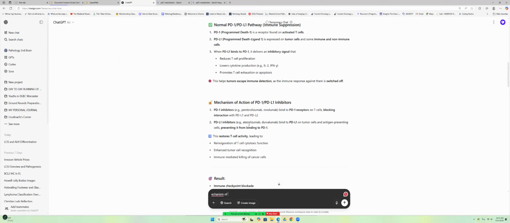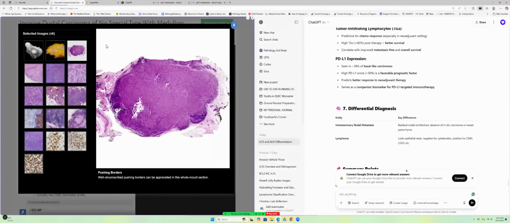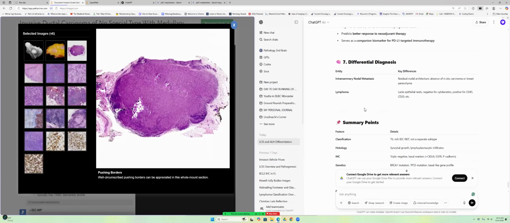PD-L1 inhibitors like atezolizumab bind to PD-L1 on tumor cells and antigen presenting cells, preventing them from binding to PD-1. So it's either you coat this way or the other way. Whatever you do, you ensure that the T cells are free to kill the tumor cells.